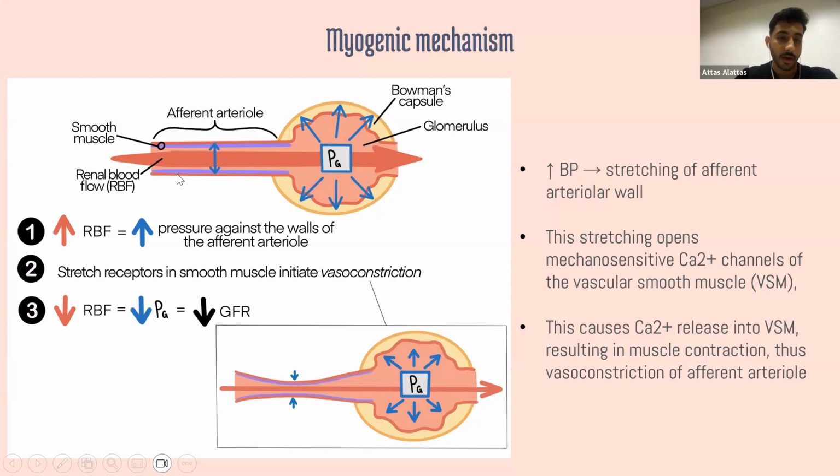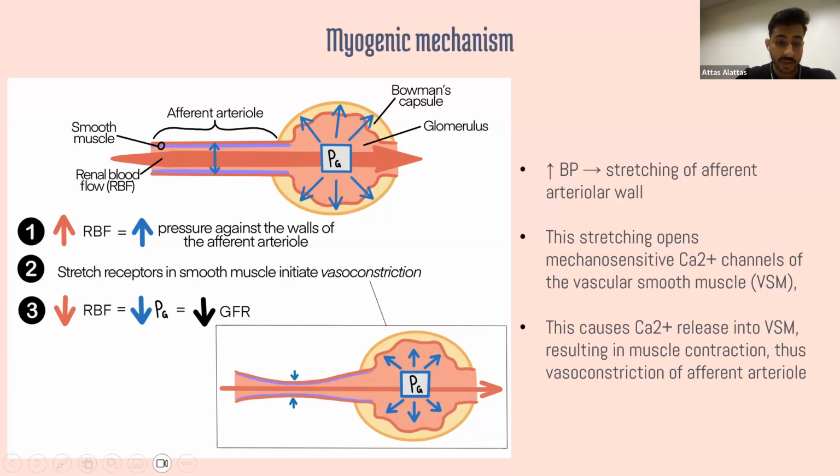So again, if the blood pressure, let's say, is increased, or the renal plasma flow is increased because of the increased blood pressure, there will be more pressure on the walls of the afferent arteriole. The afferent arteriole walls have stretch receptors or mechanosensitive calcium channels. The stretching of the walls will cause what? It will cause the channels to open. And when the channels are open, calcium will be released into the smooth muscles of the afferent arteriole vessels. So when the calcium gets released, it will cause vasoconstriction.